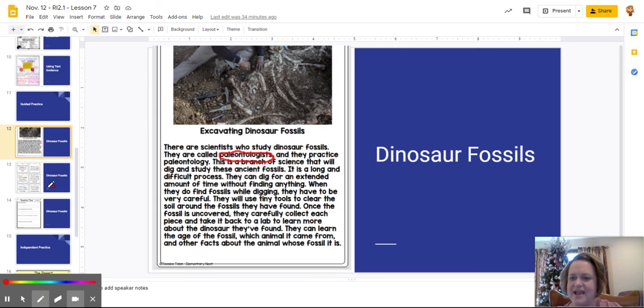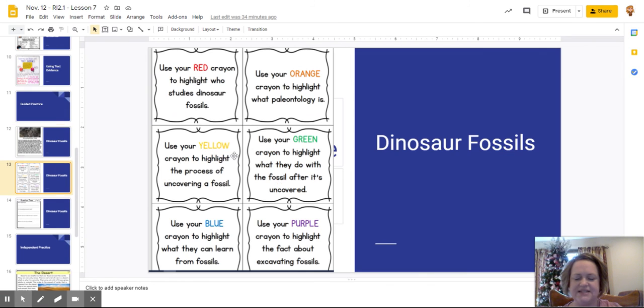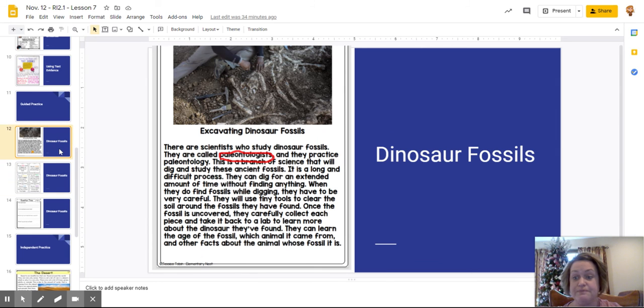All right, so now let's go to the second one, and it says in orange, use your orange crayon to highlight what paleontology is. So now we need to highlight what is paleontology with orange. So let's go back up. Sorry, trying to use my crayons too.